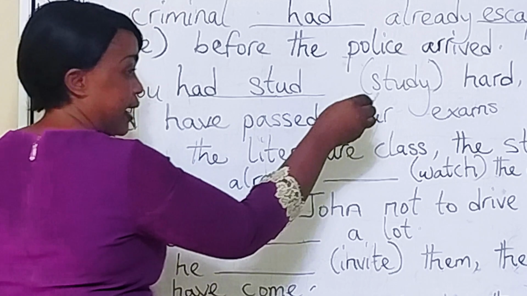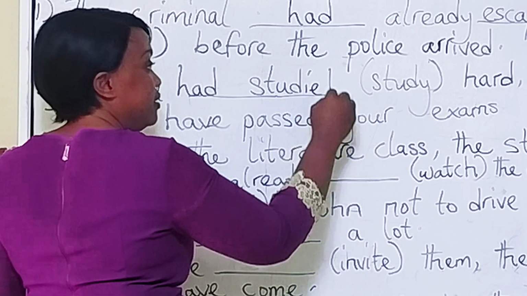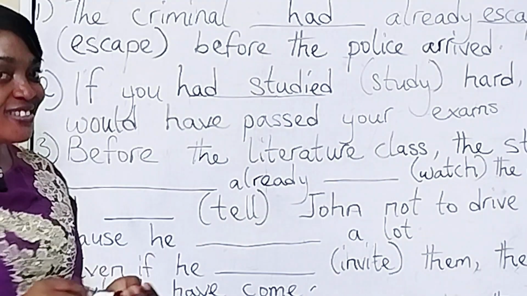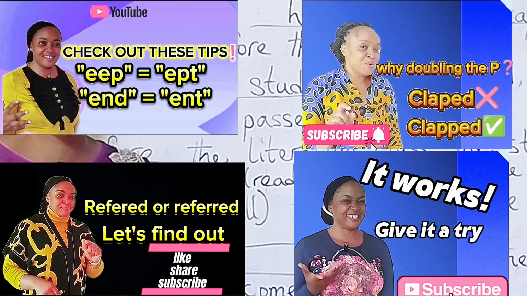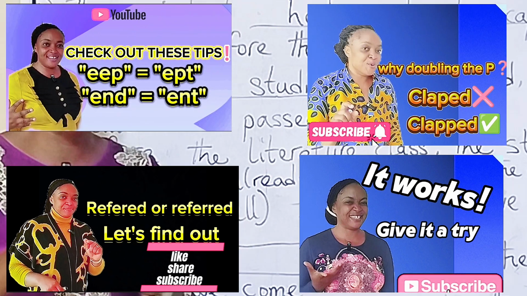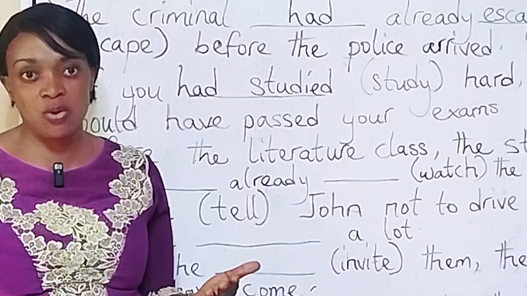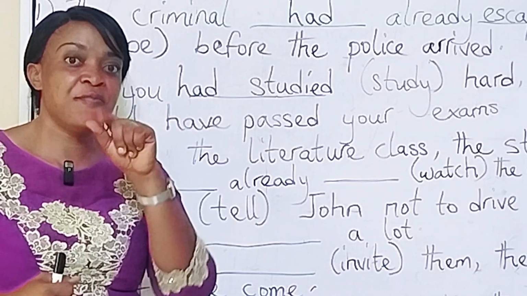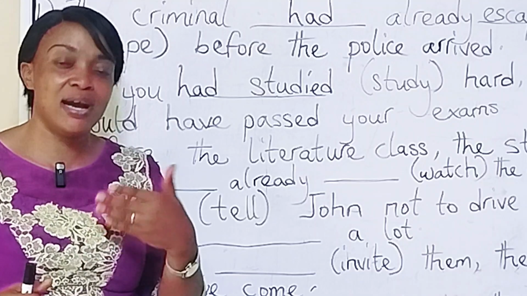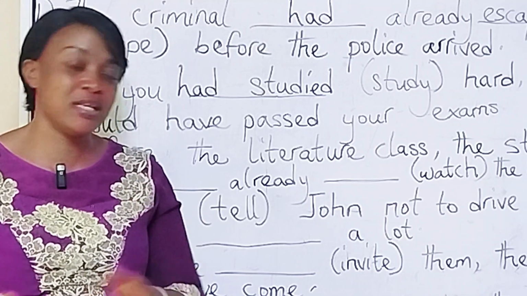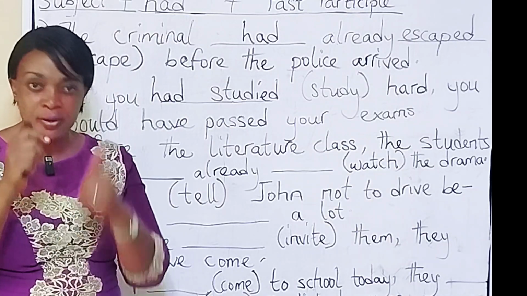You remove the Y and change it to IED, irregular verb. If you have not watched that video on the formation of regular and irregular verbs, you're missing a lot. In fact, it will be almost difficult, a daunting task for you to attempt questions on past perfect tense and present perfect tense. And you need to know your V3 very well.